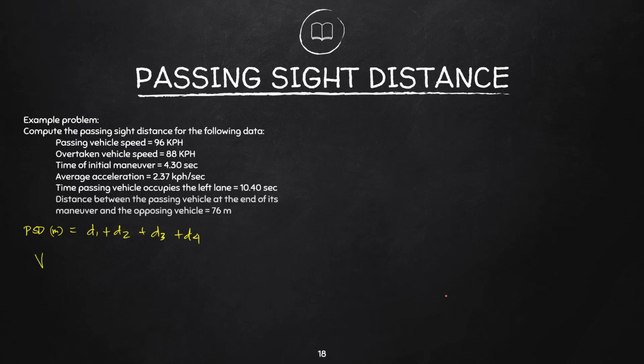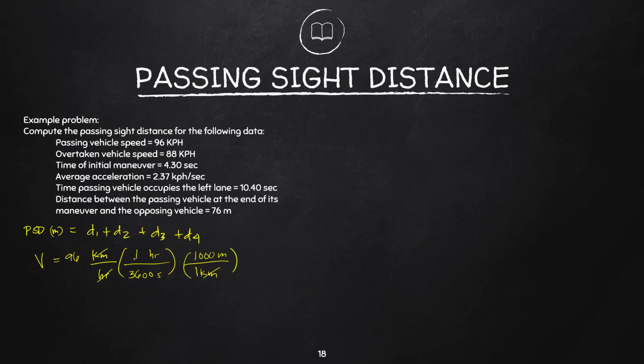So that would be 96 kilometers per hour. For 1 hour, there are 3,600 seconds. And for every kilometer, there are 1,000 meters.